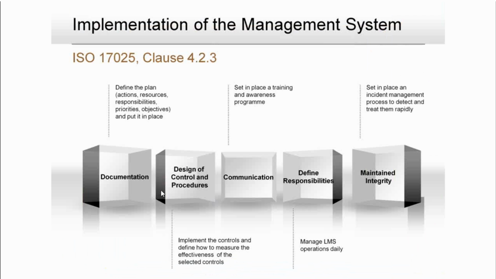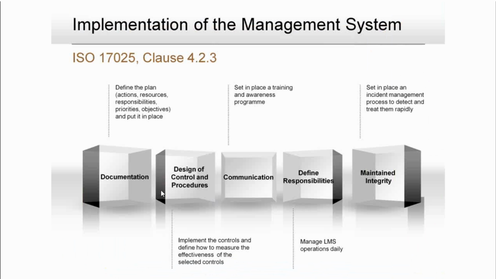Every step, every action, there have to be clearly defined working instructions. ISO 17025 does not give the luxury for assumptions. There has to be clear definition of every step that's needed, and there must be control and communication, set training in place, an awareness program.